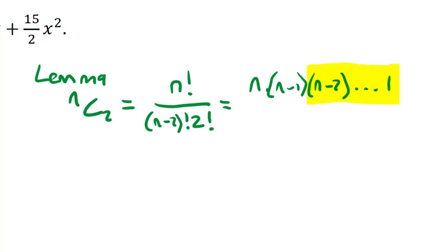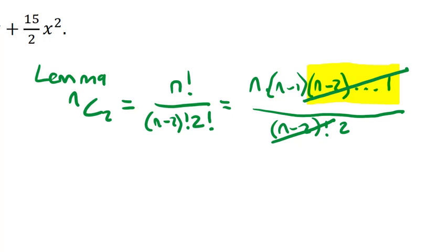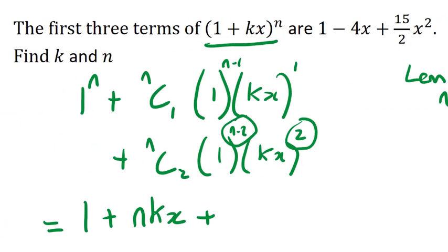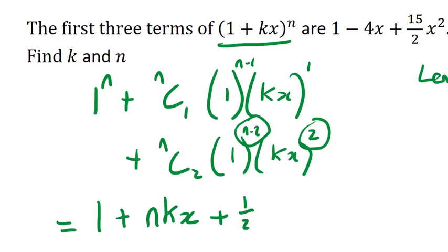That bit there is n minus 2 factorial. 2 factorial is 2. n minus 2 factorial cancels the whole of that lot out, and I end up with n times n minus 1 divided by 2, which I'm going to write like that. So there's my little lemma, half n times n minus 1. I can come back to my question and now use that without destroying the flow of my working, half n times n minus 1. I've got a 1 to something, doesn't matter, that's just 1, and I've got a k squared x squared.